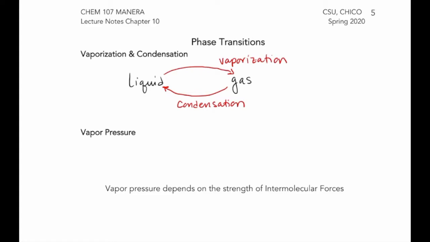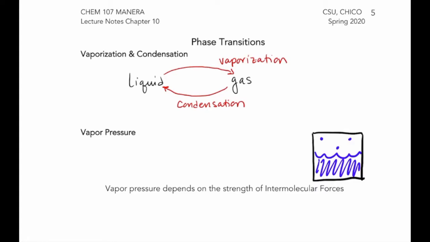And if we have a closed container of a liquid, I'm just going to make it a box. If we have a closed container of maybe water, for instance, there is always some portion, even if it's very small, some portion of that liquid has had enough energy to escape the liquid phase and go into the gas phase. So even if it's just a little bit, at a given temperature, room temperature, there's a little portion of the water that is in the gas phase.